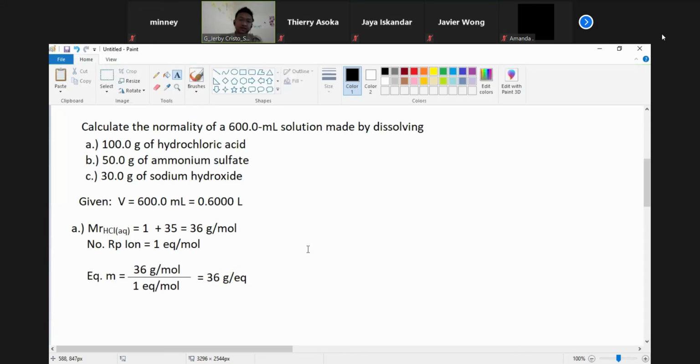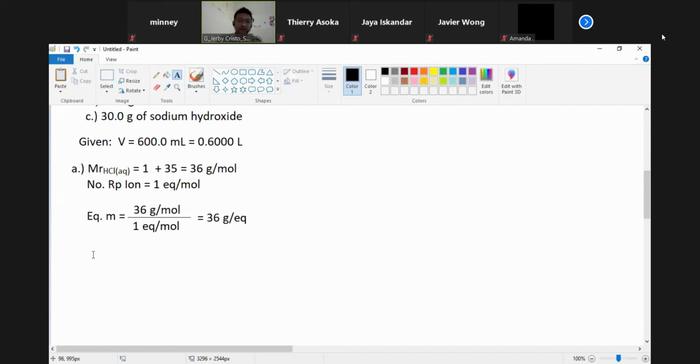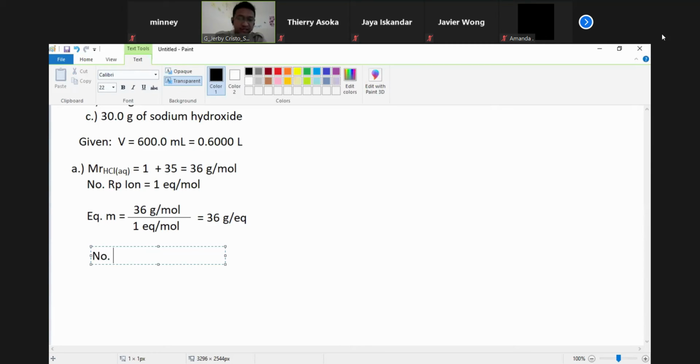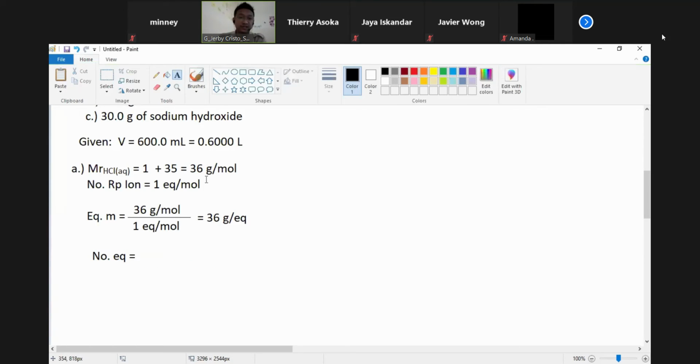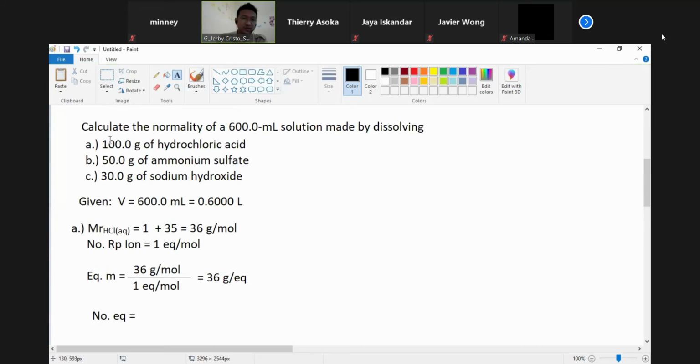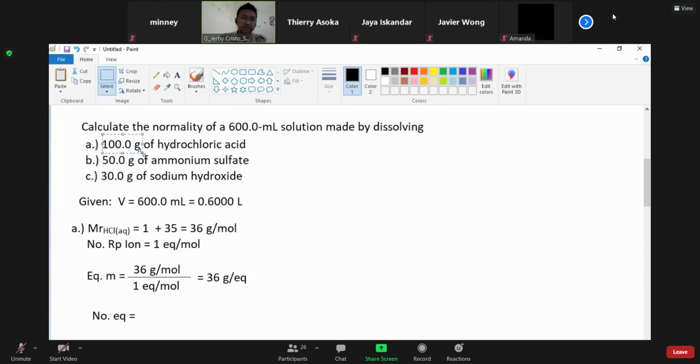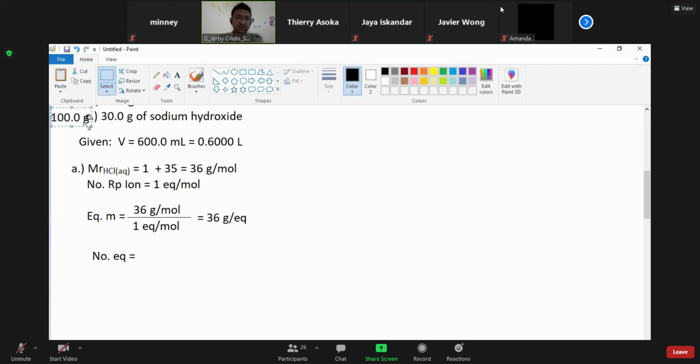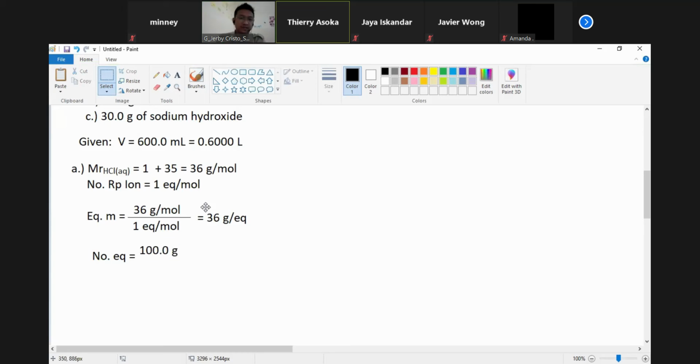Next, we can now calculate the number of equivalents, and that is equal to the mass divided by the equivalent mass. What's the mass of hydrochloric acid? 100 grams. So we divide the mass of hydrochloric acid by the equivalent mass.